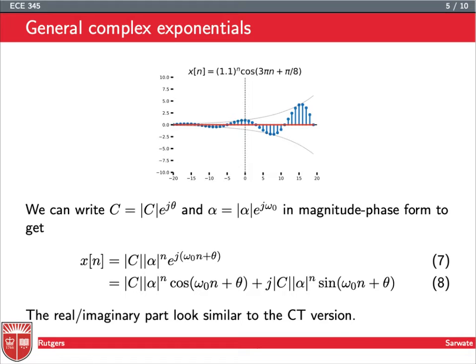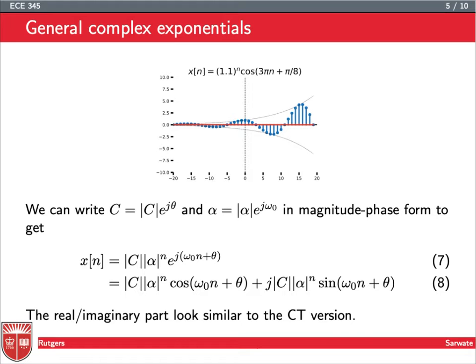So what about the general case? Well, again, we can write out, now this time instead of writing e to the a t and using the Cartesian form for a, here we're just going to write alpha and c, both of them in magnitude phase form. So we just get c times alpha to the n, absolute value of alpha to the n, times e to the j omega naught n plus theta, where theta is the phase of c.